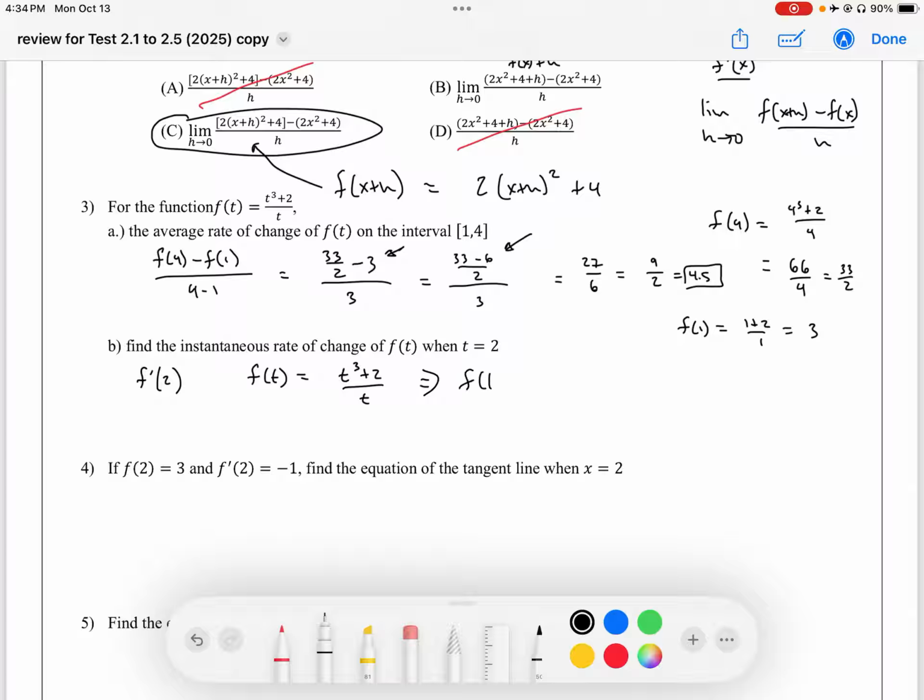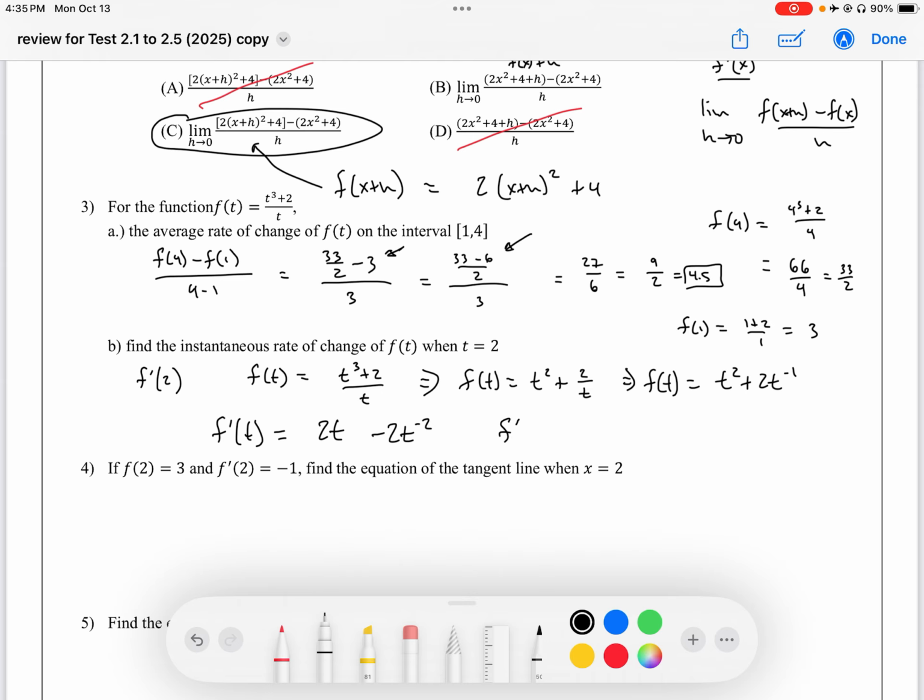So we could say f of t is t squared plus 2/t, which is t squared plus 2t to the negative 1. Therefore, f prime of t would be 2t minus 2t to the negative 2.